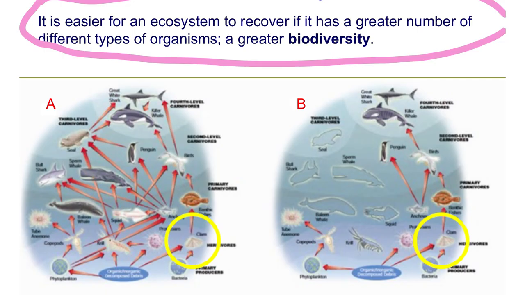Again, an ecosystem is more resilient. It can bounce back from disruptions easier the more biodiverse it is, the more web strands it has. Because if you take out one thing, something else can take the place of it to a certain extent. But if you're a small ecosystem, a very low biodiverse ecosystem, you take one thing out and the whole system hurts.